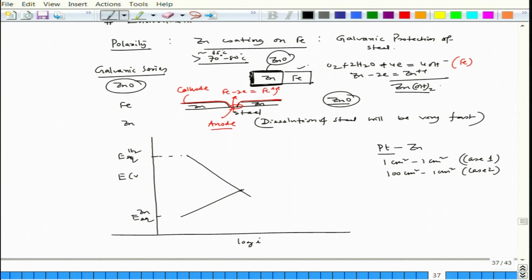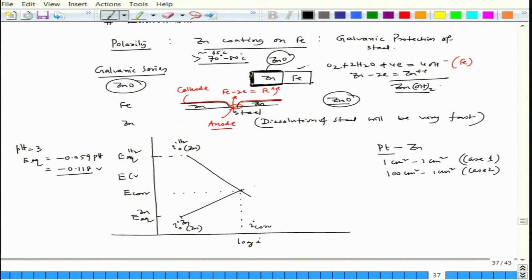So, for E equilibrium hydrogen, if the pH is, let us say, 3, then E equilibrium would be minus 0.059 pH, which is minus 0.11 volt. Okay. So, this is I 0 hydrogen on zinc surface, and this is I 0 zinc on zinc surface. This is the E corr and this is I corr.